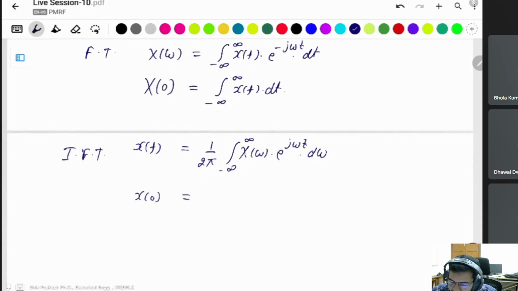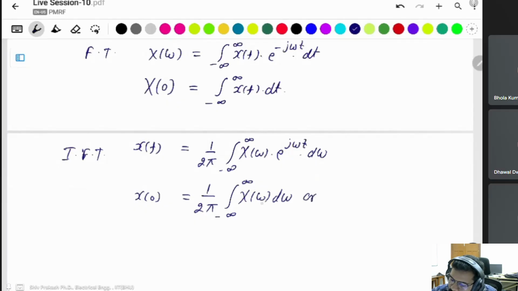If the Fourier transform is given in the question, and I ask you about the value at 0 in the time domain, then this will be simply 1 by 2 pi integration from minus infinity to infinity of x omega d omega. It means the area under the curve in the frequency domain gives the value at the origin in the time domain.